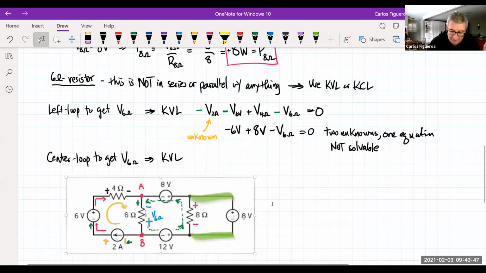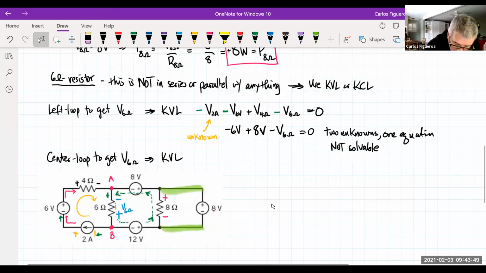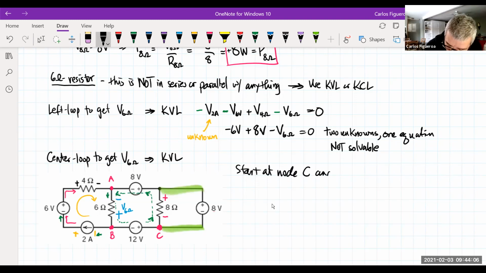So what you're seeing here is that I'm going to label this node here, and I'm going to call this node C. So what am I going to do? I'm going to start at node C and go counterclockwise. So here I go.